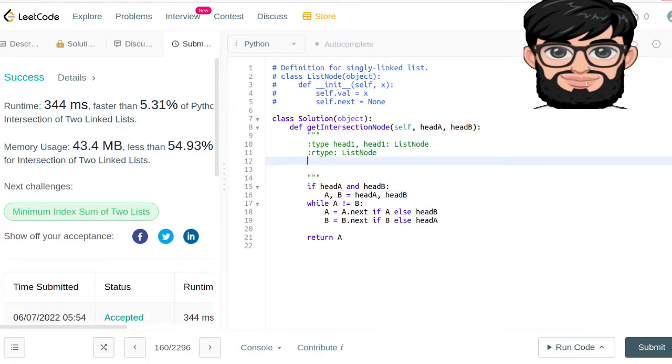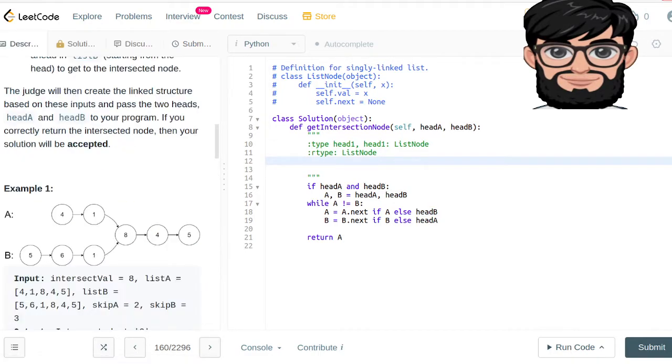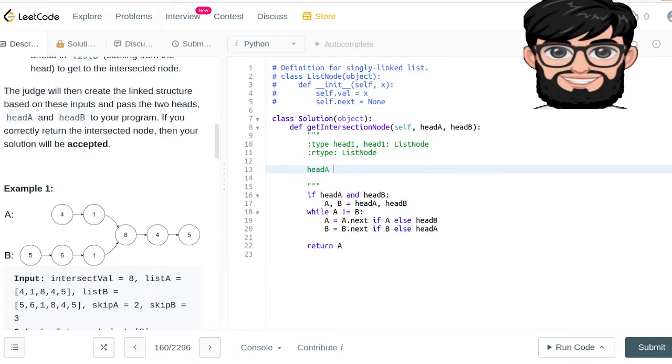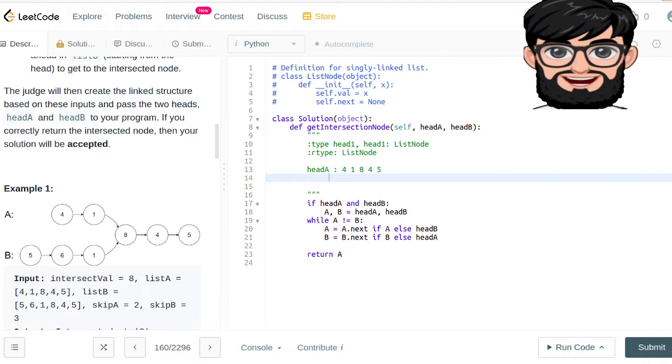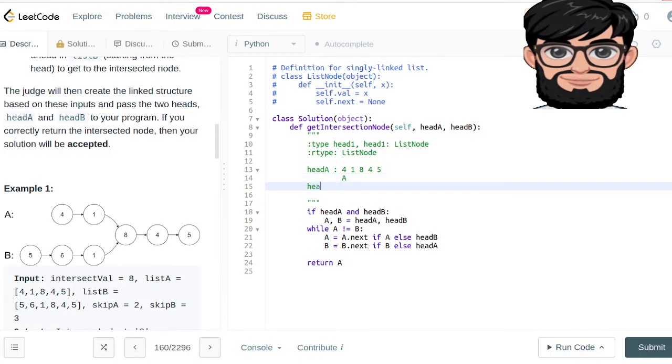So let's take an example of this one. Head A is equal to 4, 1, 8, 4, 5, and our A is here, and head B is basically 5, 6, 1, and then it intersects at 8, 4, and then 5.